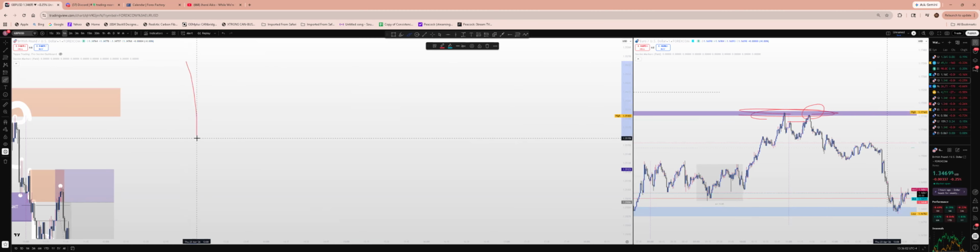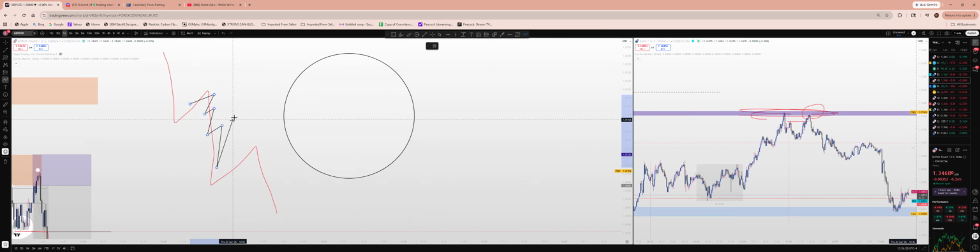So imagine we have this move on the daily. We understand it's bearish, and now price is here on the higher time frame narrative. On a lower time frame, if you go M15, you have structure that looks like this.